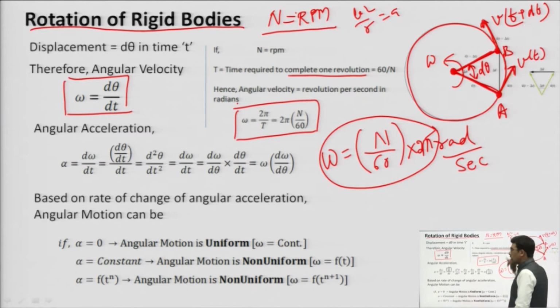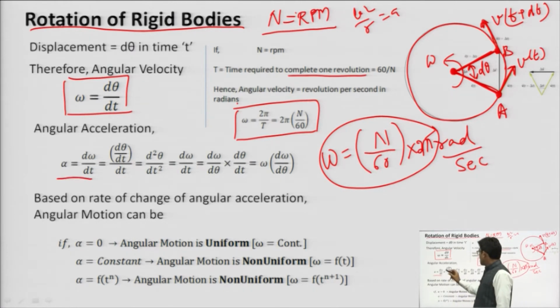If it has angular velocity, then depending upon the change in the angular velocity, it may or may not have angular acceleration. That can be defined by the rate of change of angular velocity.